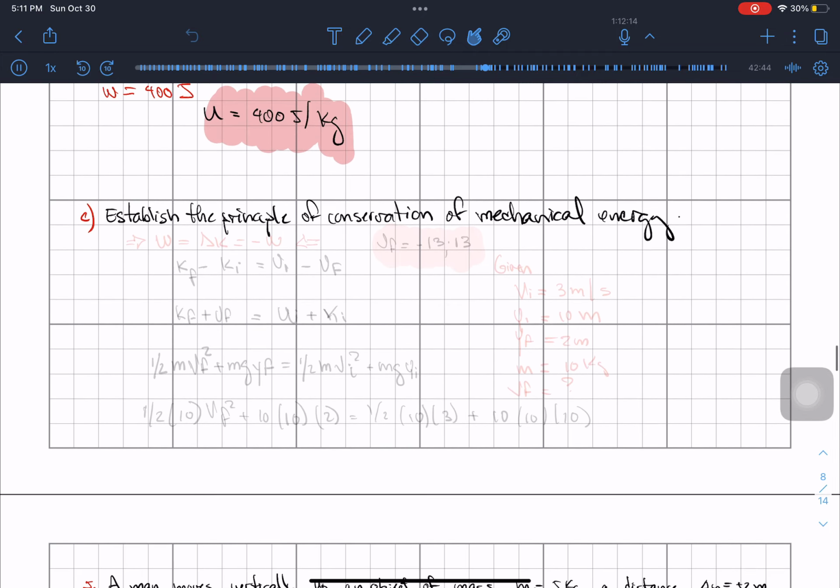So mechanical energy can be represented by the following equation. The total energy, that's going to be the mechanical energy, is constant when forces are conservative. So we can use this equation right here.